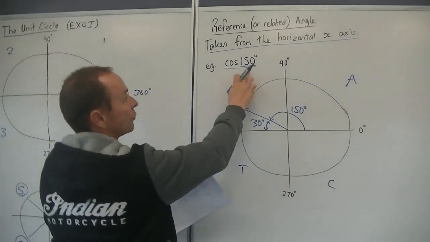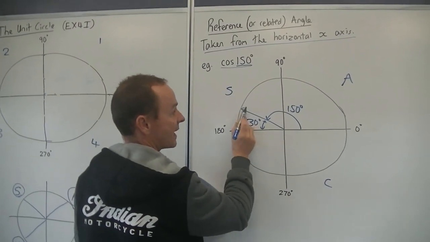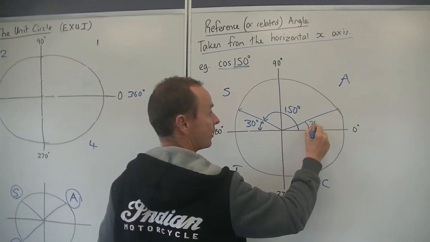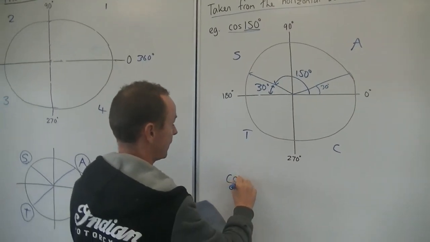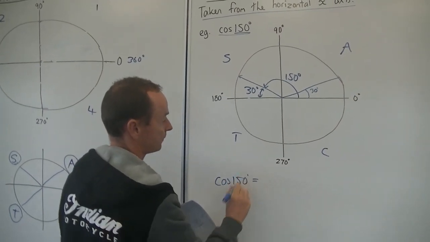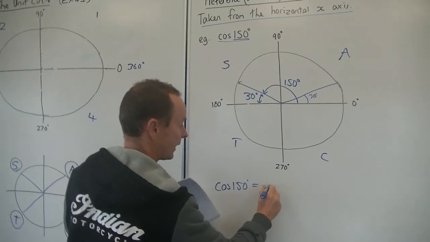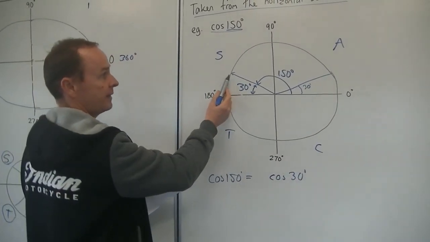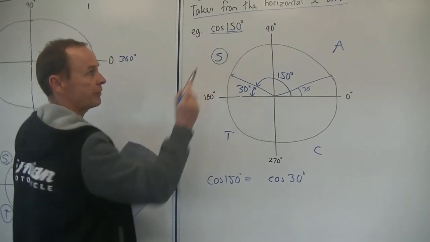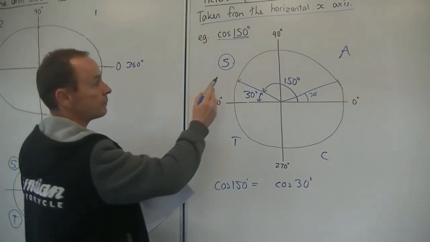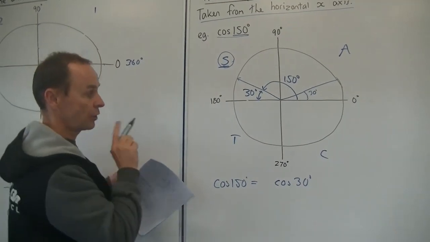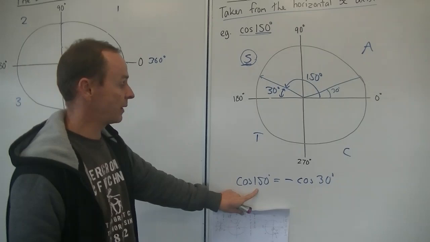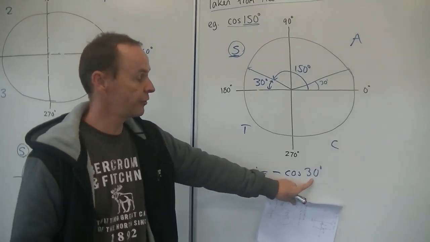So cos 150 degrees is the same as, if we put the reference angle there, cos 30 degrees. But in this quadrant, is cos positive or negative? Only sine is positive. So cos is actually negative. So cos 150 is equal to negative cos 30 degrees.